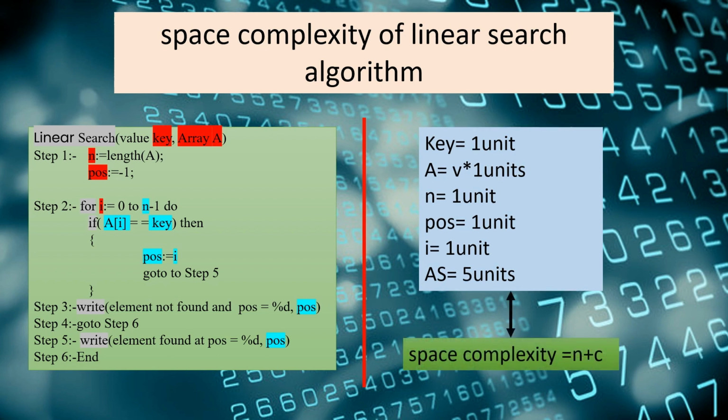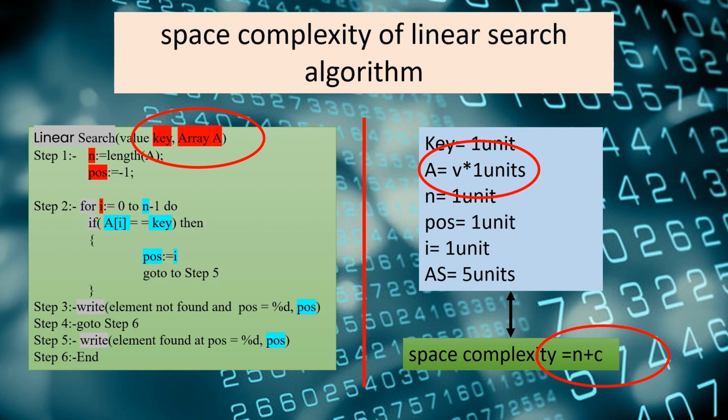When we generalize the space complexity, it is written as n plus c. So then, why would we be considering the space complexity is equal to only O of 1? Here we can see that the space complexity is equal to n plus c due to the array, which we are giving as an input to the algorithm.